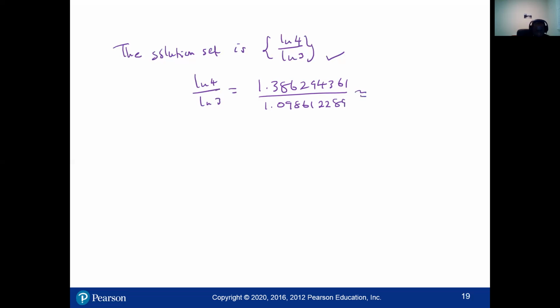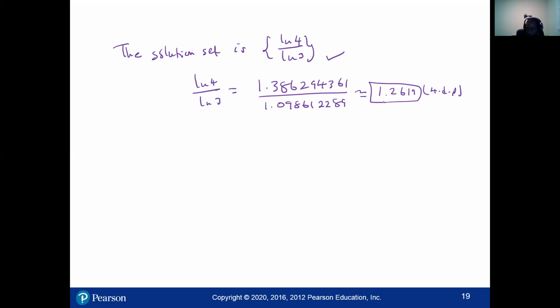When you divide this, you have approximately 1.26186, to 4 decimal places. So that is approximately that.